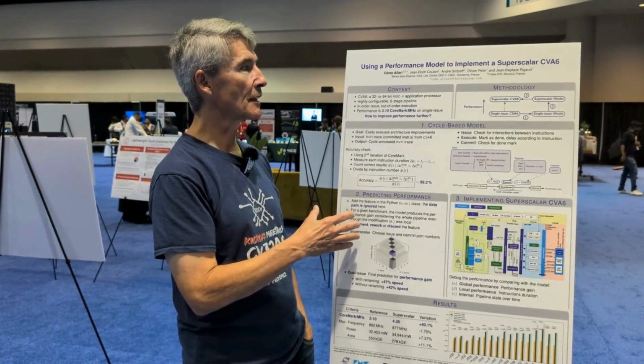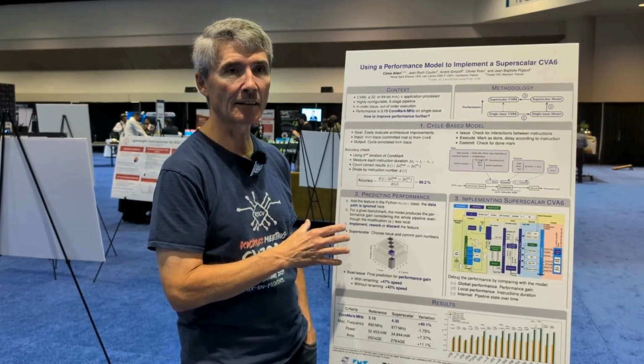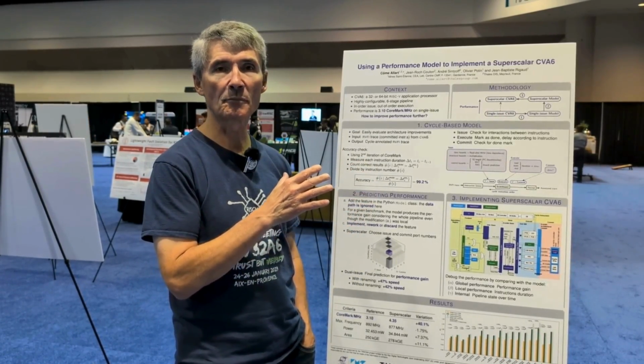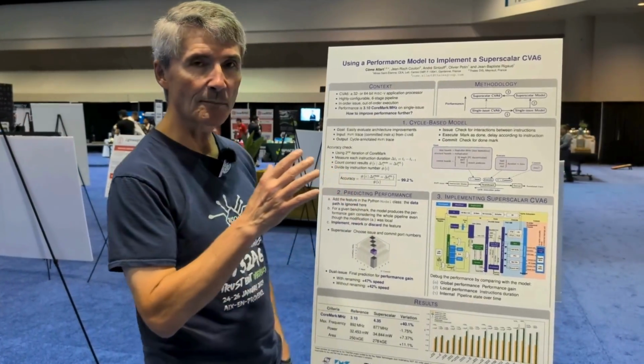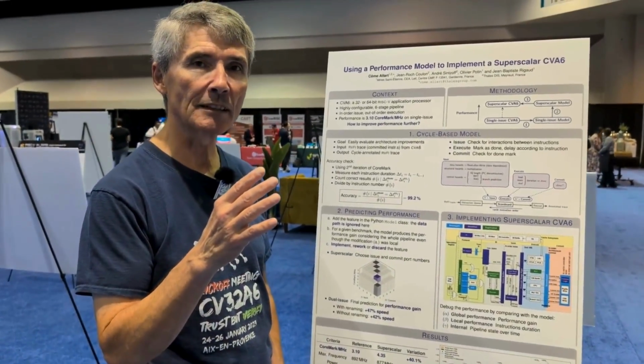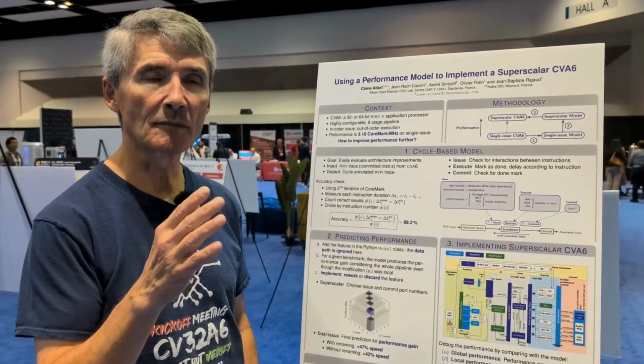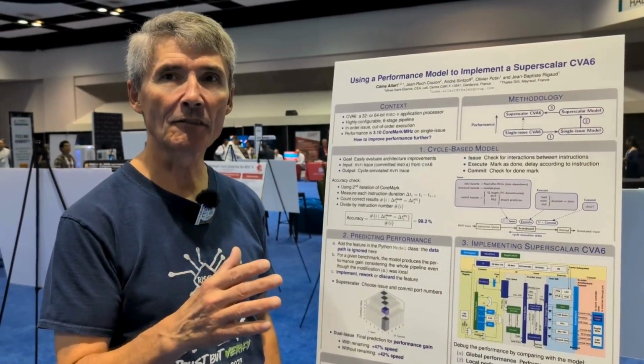So the approach taken by CoM at Thales was to build a performance model, and to keep it as simple as possible. It was written in Python. It's not a cycle-accurate model, but it models the aspects that you need to model in order to understand the performance of the pipeline.